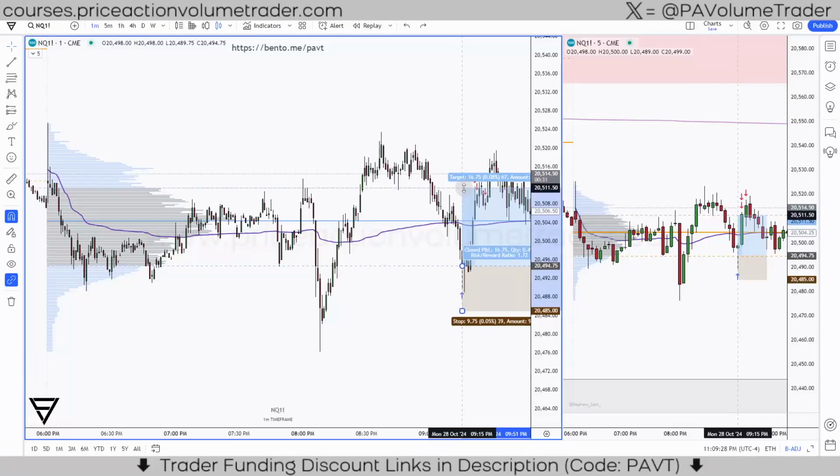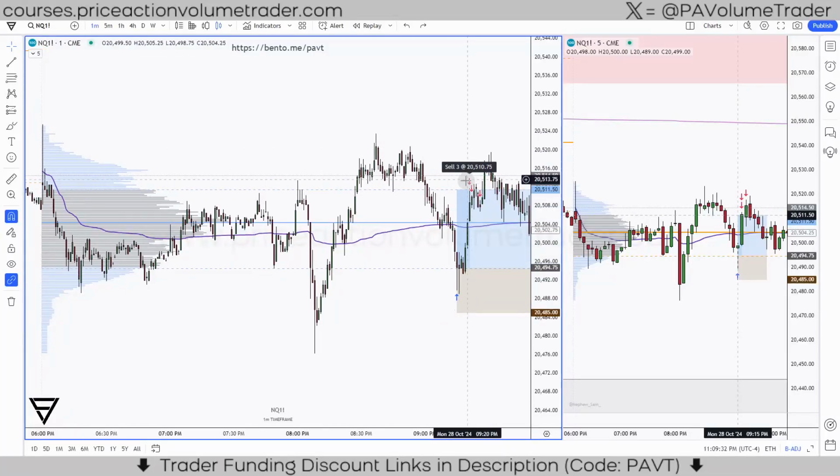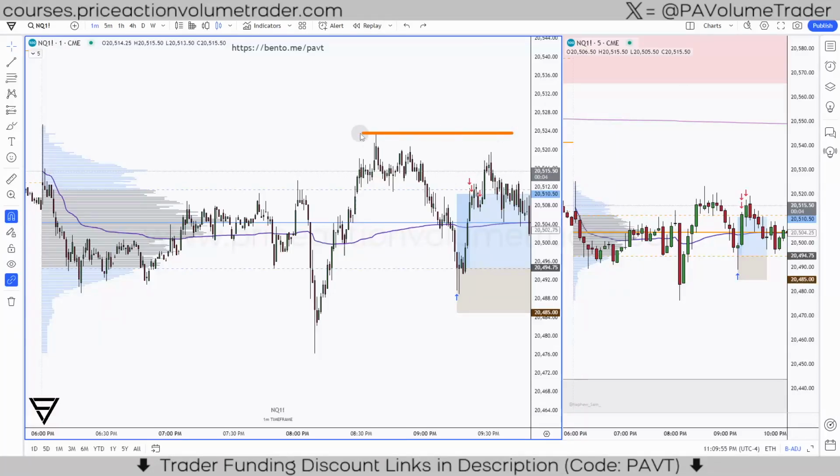My take profit was right here originally. Oh no, it was actually down there, right there, 25, 10, 75. I had a limit order set to get out of 3 contracts there. And then I was waiting for a possible second target at this high here.